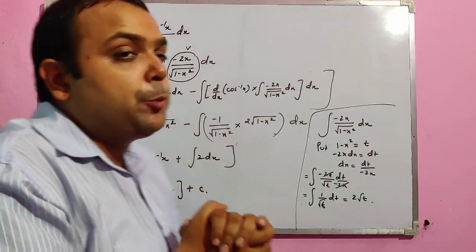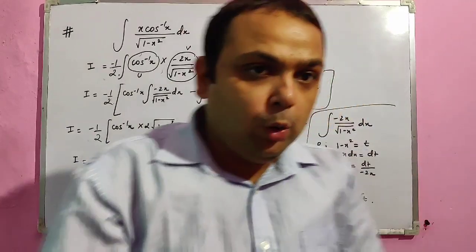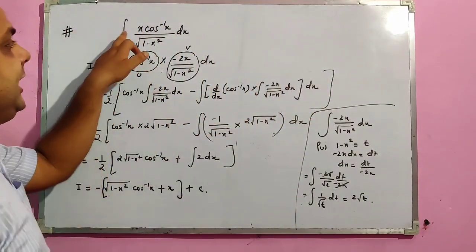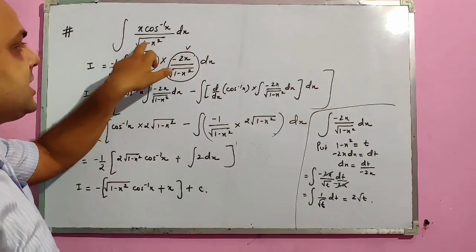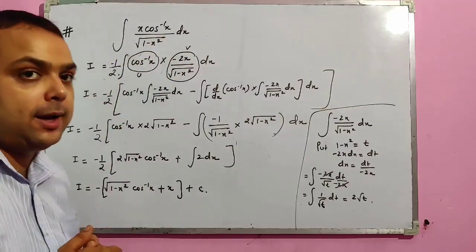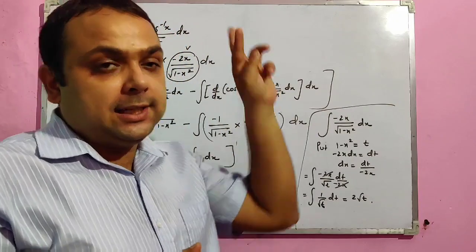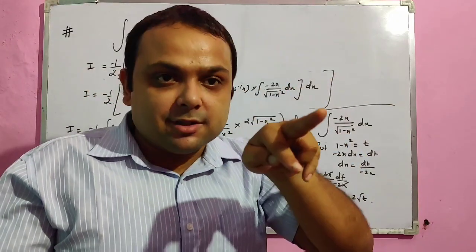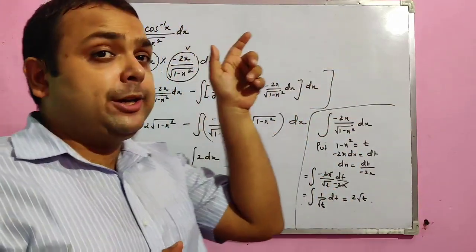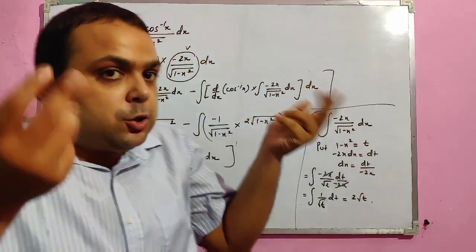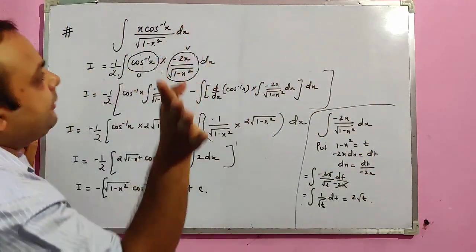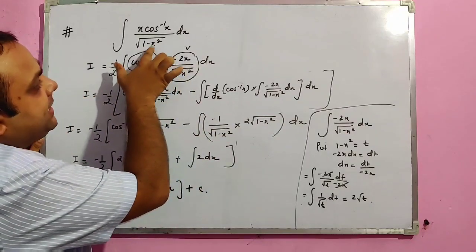Now we will see one more problem based on the by parts rule. The question is integration of x cos inverse x divided by under root 1 minus x square. Now this is a format question. It will come in two ways, either the cos inverse or the sine inverse. Also it will come in tan or cot. So the pattern is, we have to observe this 1 minus x square.